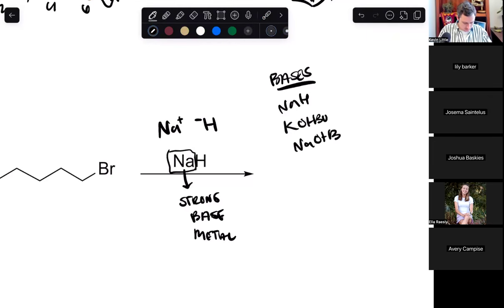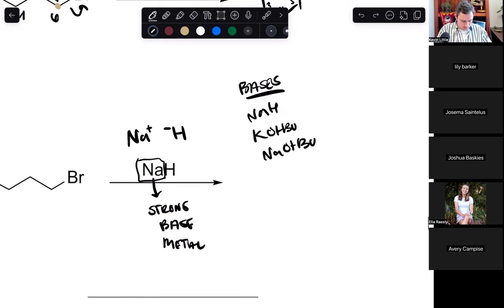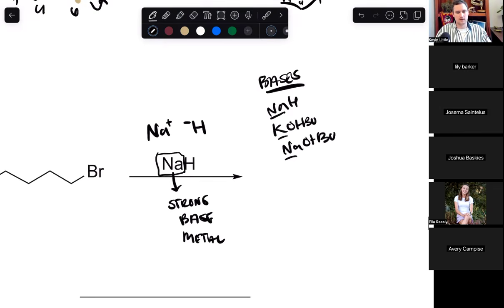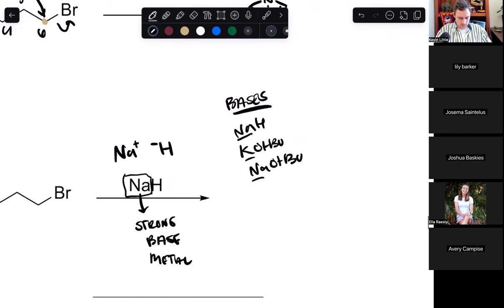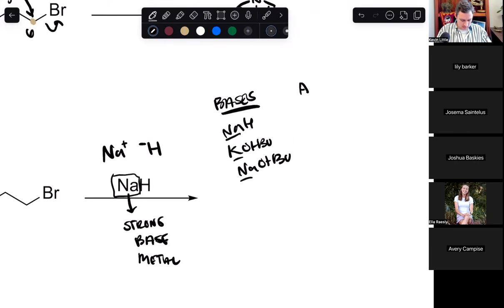These are bases. One of the dead giveaways is this metal. Each one of them has a metal at the front of it. So it's actually pretty easy to recognize acids and bases in organic. Acids tend to start with hydrogen, where bases tend to start with a metal.